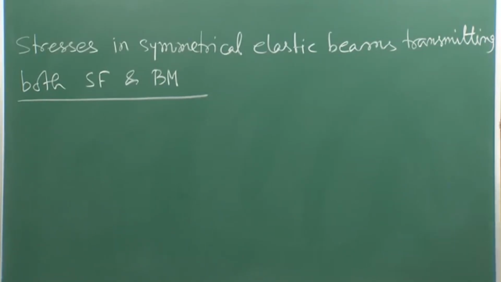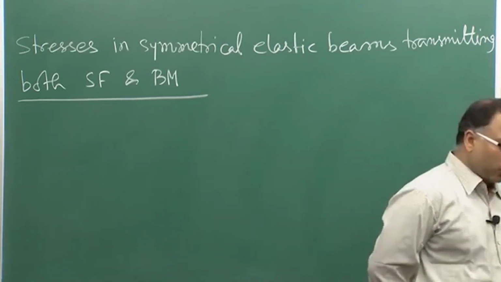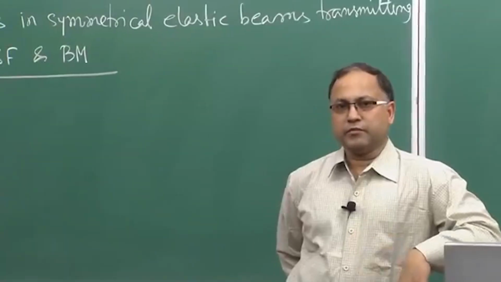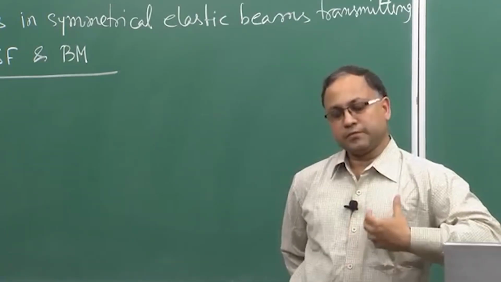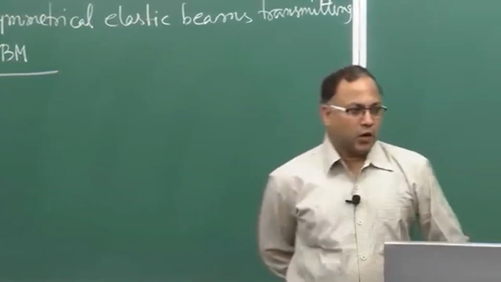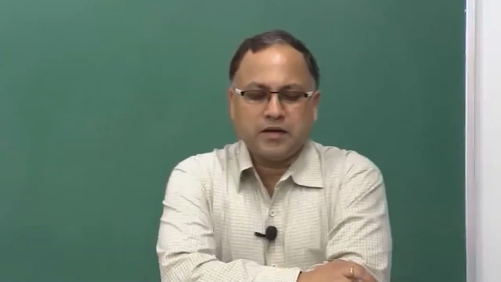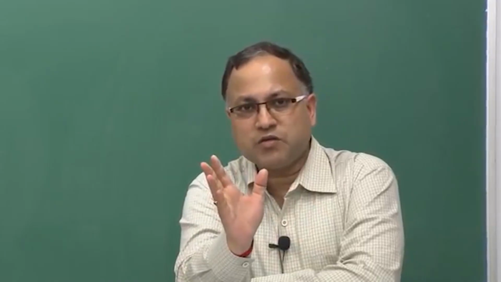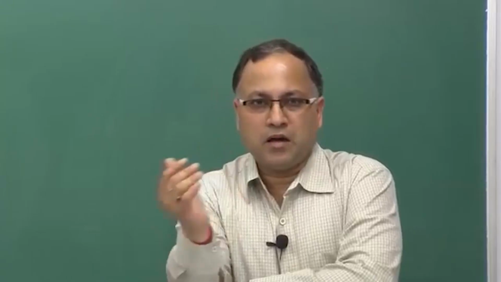In the previous lecture, whatever we had derived was based on a pure bending situation, so there was no shear force acting on the beam. But in this particular topic we will be discussing what will happen if you have both shear force and bending moment. Now, we will make the assumption that the bending stress distribution is minimum at the neutral axis and maximum at the top fiber as well as the bottom fiber.